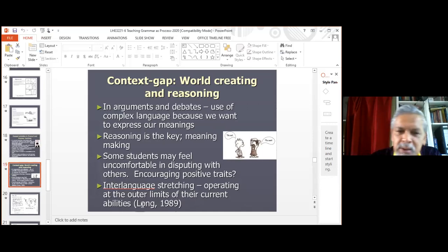Of course, teachers will have to be very sensitive. You don't want to force them and at the end get a negative response, where suddenly they don't want to come to class, or suddenly they don't want to speak. That's not what we want, right? So the teacher has to be sensitive to their students.